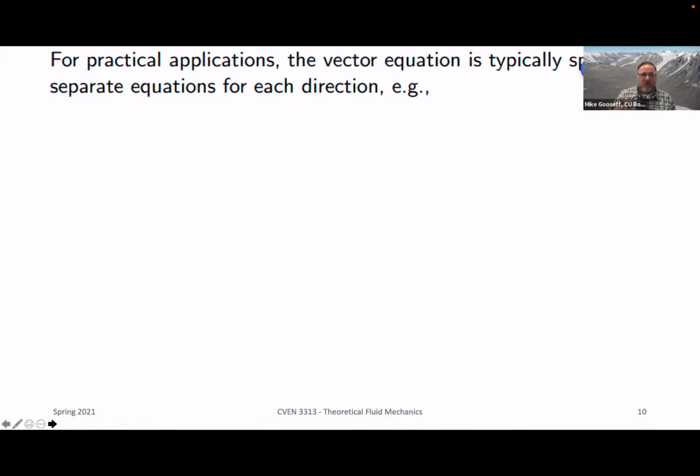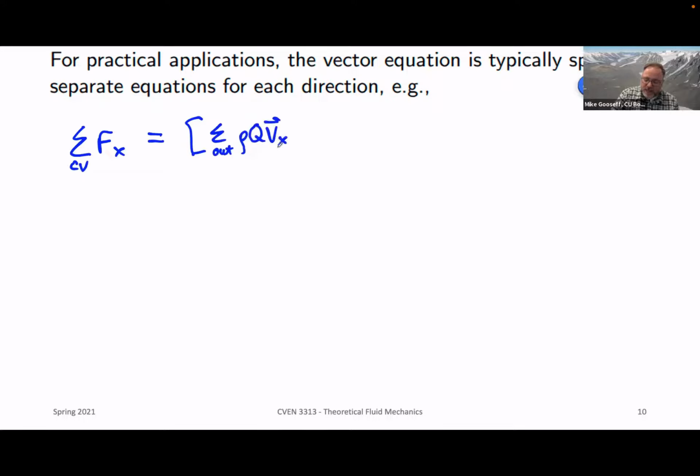All right, so when we do that, we end up with, for practical applications, the vector equation is typically split into separate equations for each direction. So we would end up with the sum of the forces over the control volume acting in the x direction are equal to the sum of the outgoing linear momentum flows in the x direction.